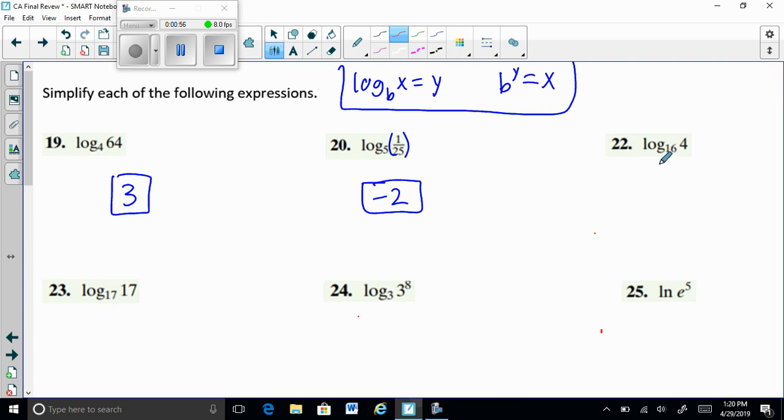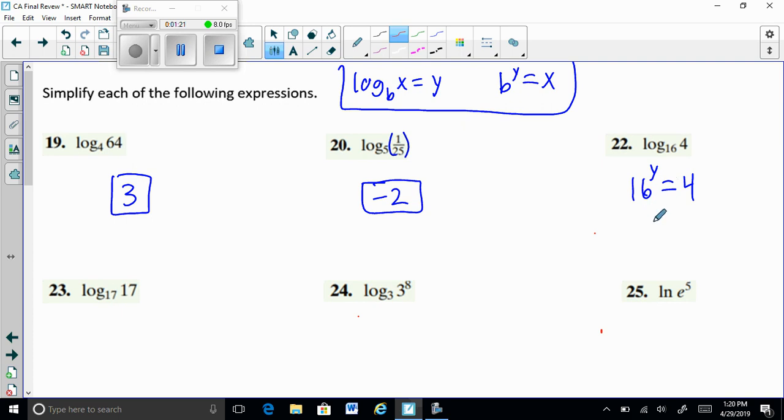Next one's a little tricky, so I'm going to write it down. So 16 to what power? We'll just call it y. You can call it whatever you want, equals 4. How does that 16 shrink down to a 4? It's not going to be negative. You're not going to reciprocate it, because if you reciprocate it, your result will actually be less than 1. So if you were to flip it, you're going to get a very small number.